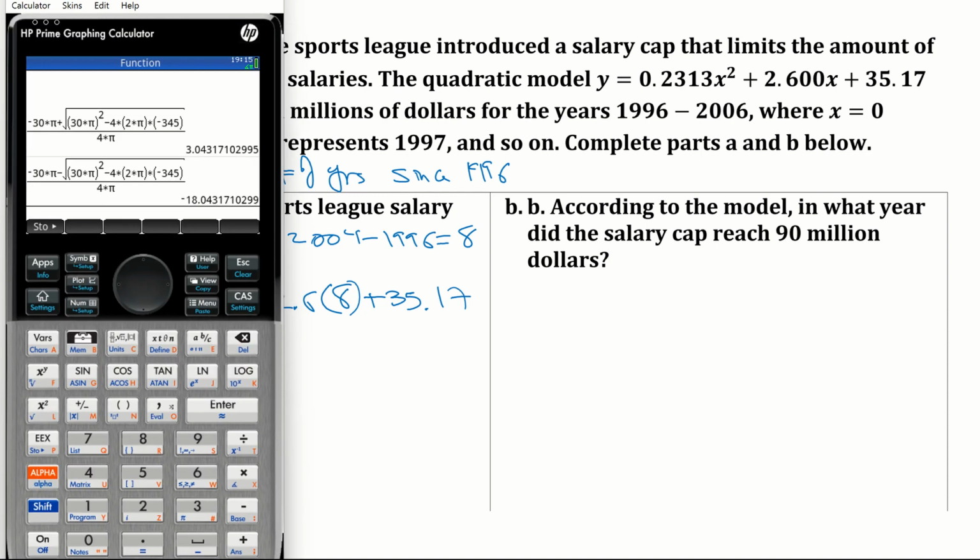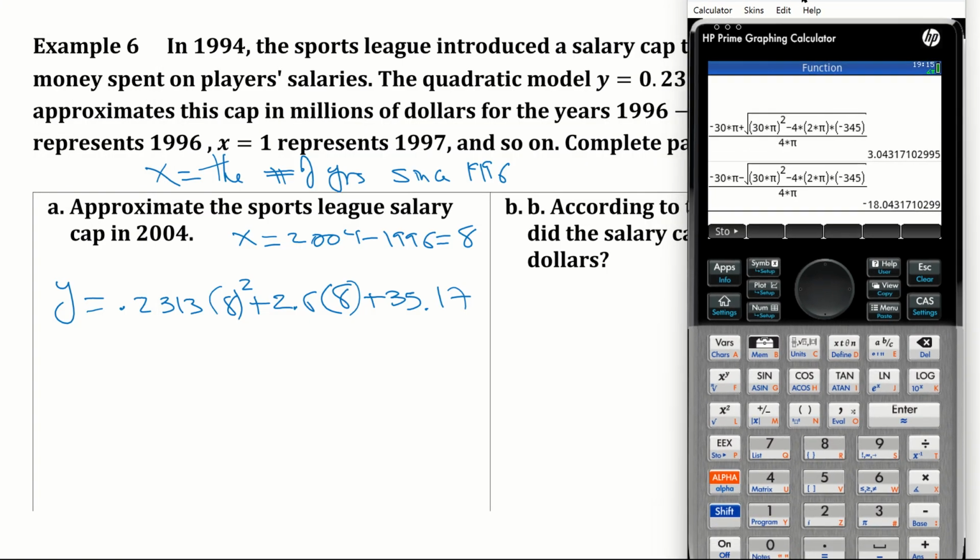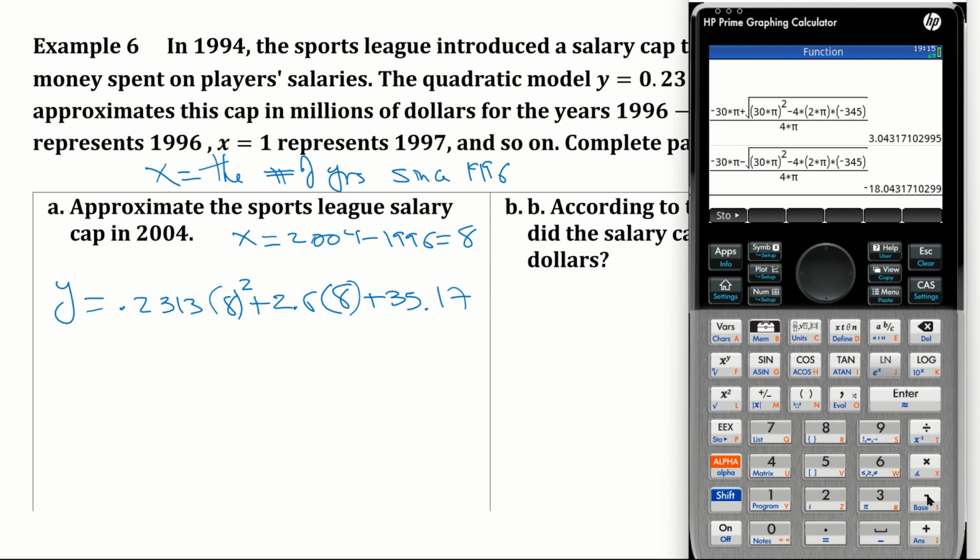So our good old trusted HP, 0.2313 times 8 squared, which is 64. Let me just type in 64 since I know that.